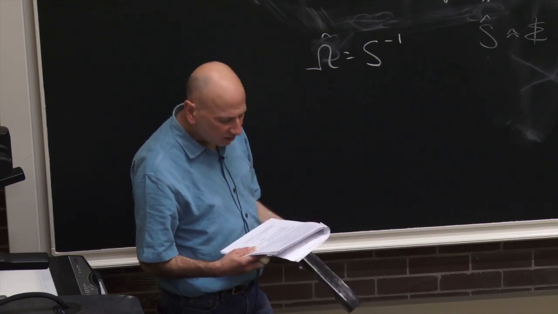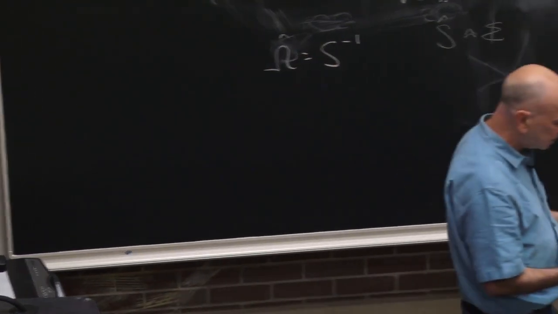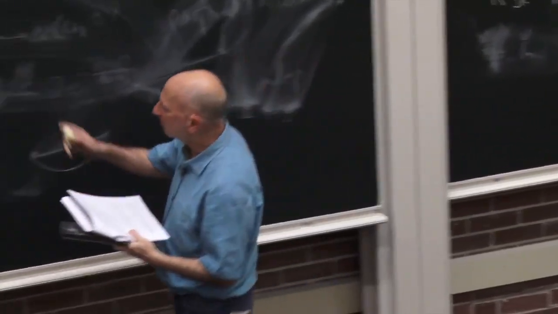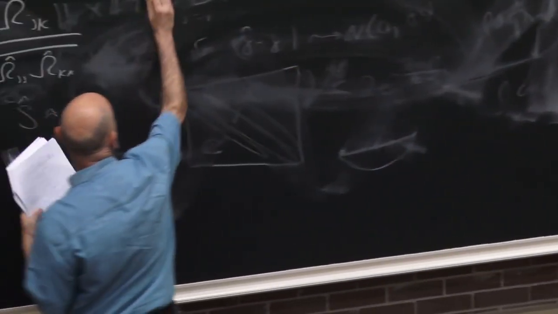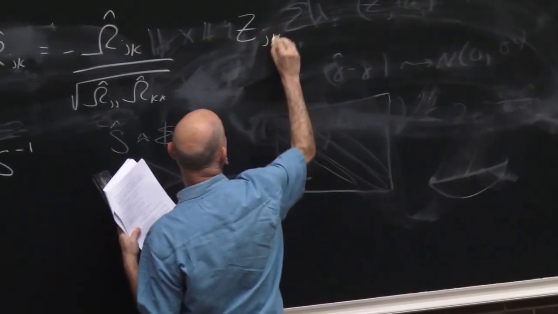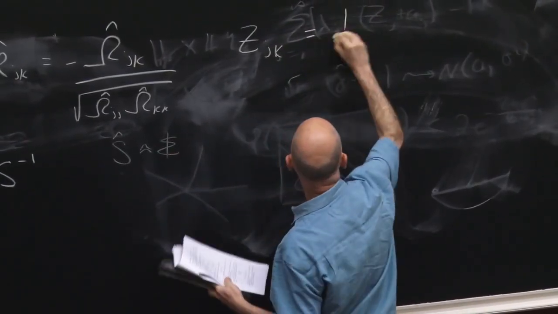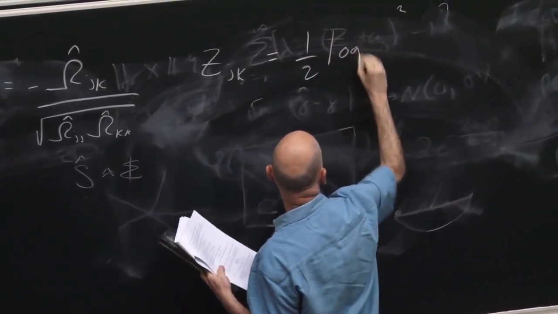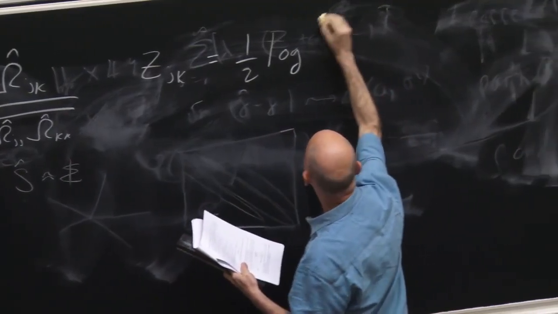We get central limit theorems. We can basically do the same thing we did for the Pearson correlation. Remember how we did the Pearson correlation? The easy way was to do that Fisher transform. Fisher also pointed out you could do this for partial correlations. There's one small change.